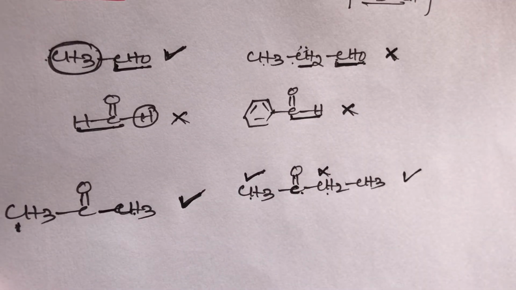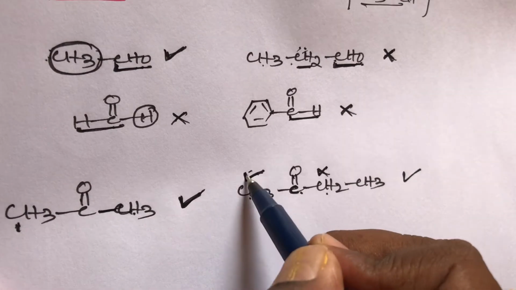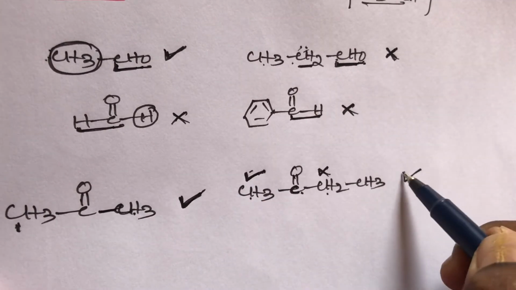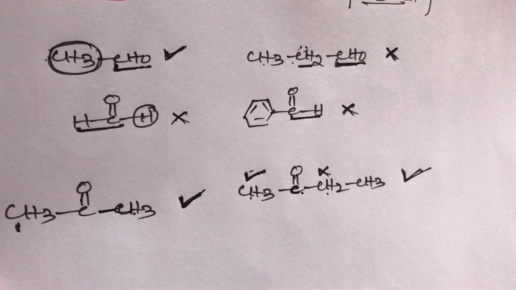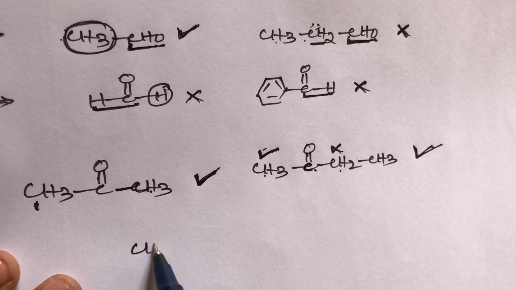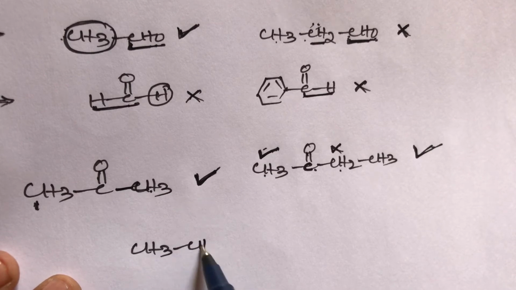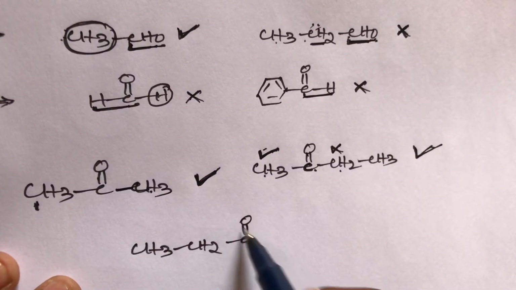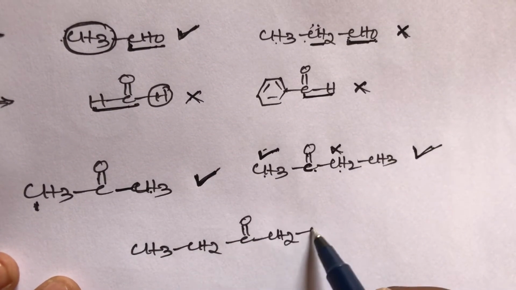What is the condition, students? The compound should contain at least one methyl group, not an alkyl group, at least one methyl group, on any side, left or right. This is the second example.